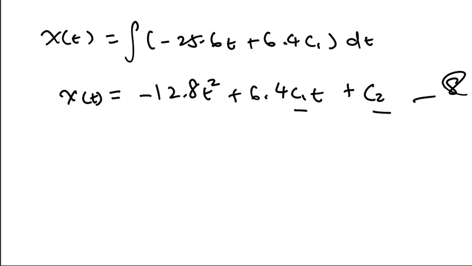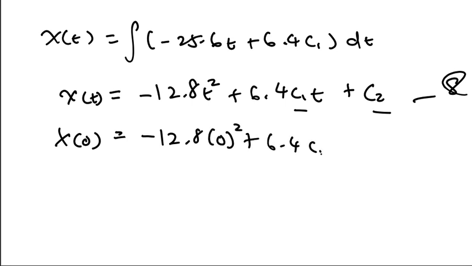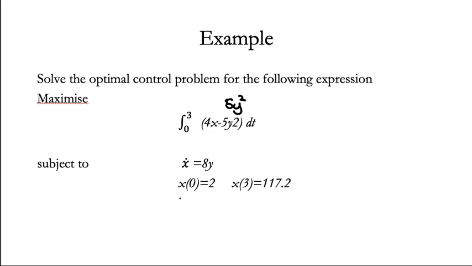So here, x0 is equivalent to minus 12.8 times 0 square, plus 6.4 C1 times 0, plus C2. From here, we find C2 is equivalent to 2. Why? Because recall the boundary, when time is 0, x is 2.